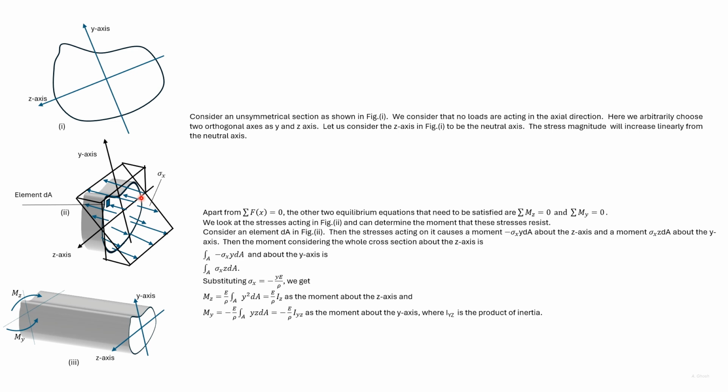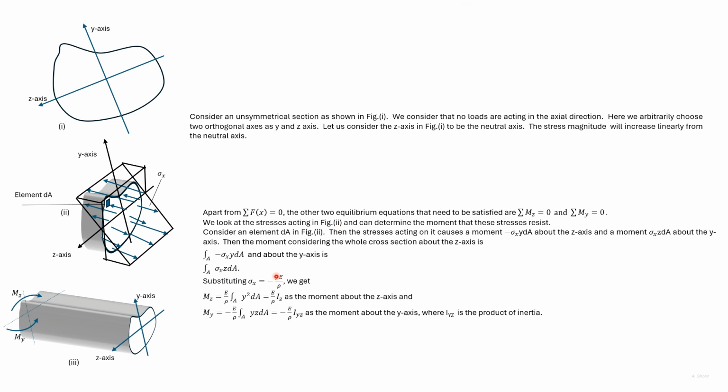If we consider such elements about the whole area and integrate, then we'll be able to find out the moment about the z-axis and the moment about the y-axis that these stresses create. So the moment about the z-axis is given by this expression, and the moment about the y-axis is given by this expression.